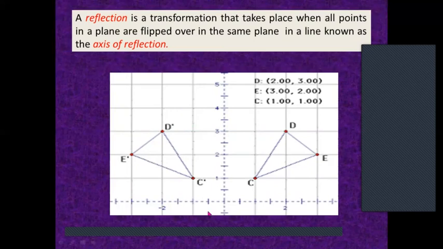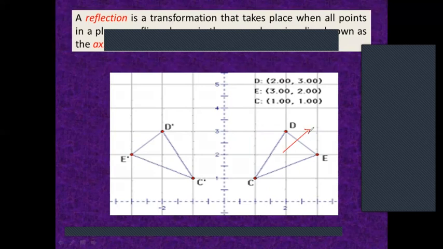So in that case, as you can see, the triangle at the right is known as the object. Okay, so this is your object that undergoes transformation by reflection, and that is the image.